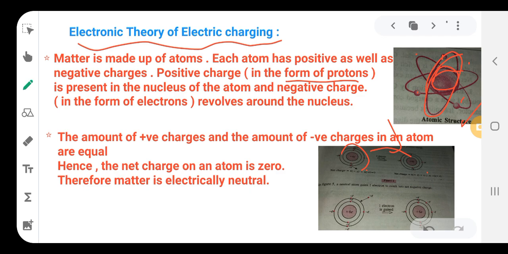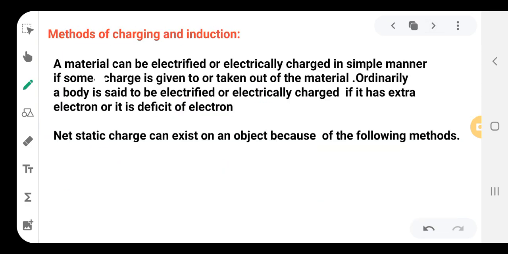The amount of positive charge and negative charge in an atom are equal, so the net charge on that atom is 0, because equal numbers of plus and minus cancel each other out. Therefore, we say that the matter is electrically neutral.